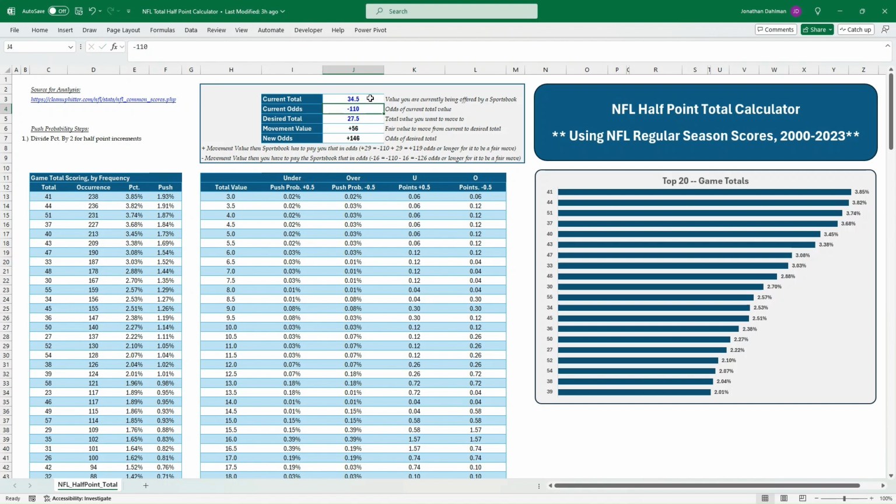If you think there's a line currently offered at 34.5 and it's going to be a pretty low scoring game, and 27.5 is what you're hoping to move to, you can see that line movement from 34.5 all the way down to 27.5 is worth 56 points. So a new break even or fair odds would be plus 146. Play around with it.